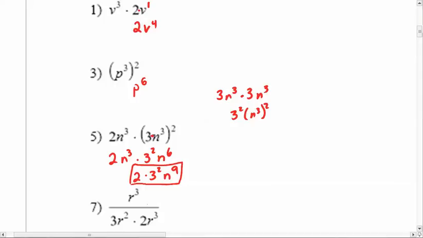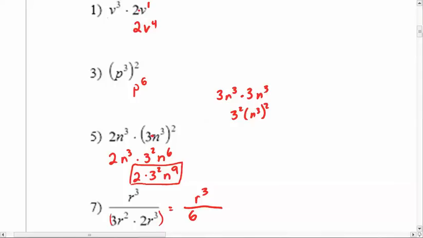All right, let's add in a little bit of division now. Again, anytime you've got anything on the top or bottom, all that stuff is really in a group, it's in parentheses, so that's what we need to do first. We're going to leave the r to the third alone on the top for just a minute. We're going to go 3r squared times 2r cubed. Well, 3 times 2 is 6.